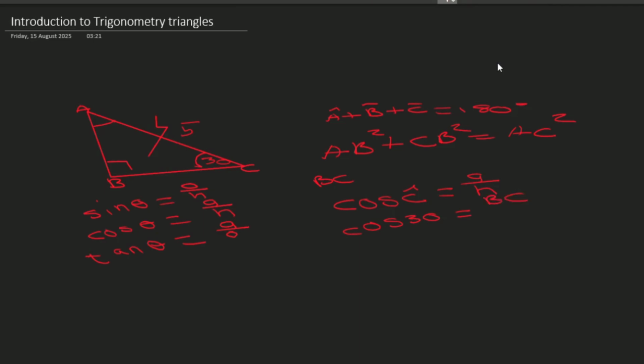We can then manipulate this formula and say BC is equal to cos 30 multiplied by 5, and then we can get our answer. So cos of 30 degrees times 5 is equal to 4.33 centimeters. Just give it an SI unit.